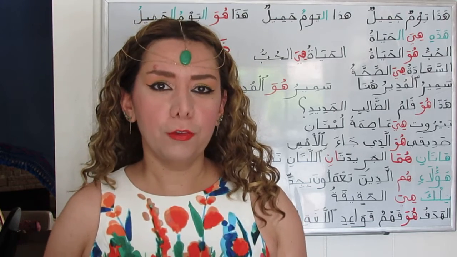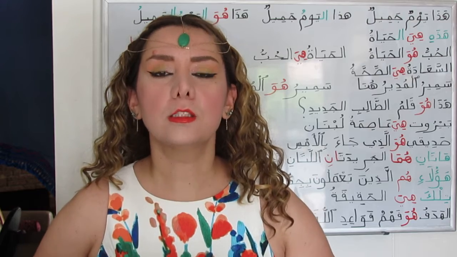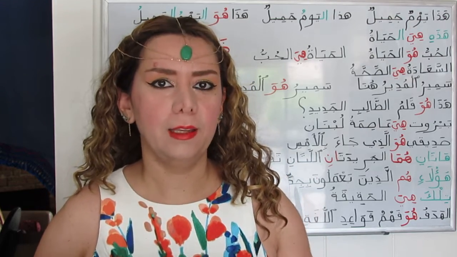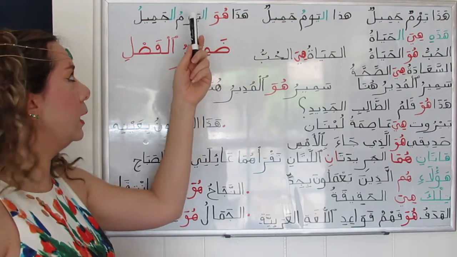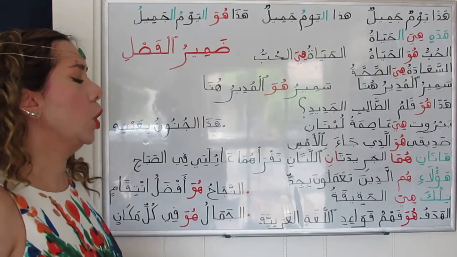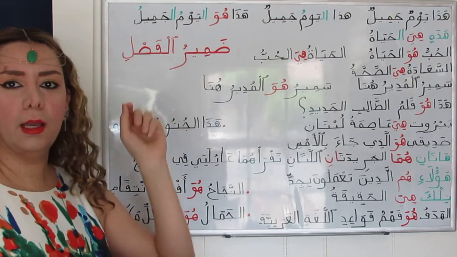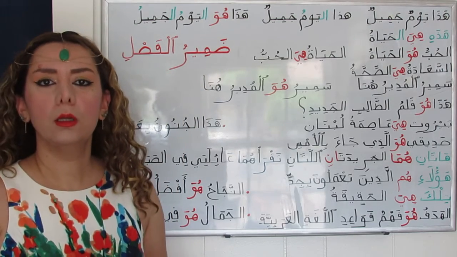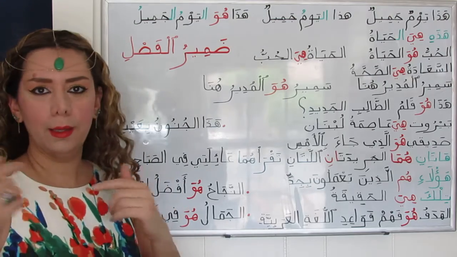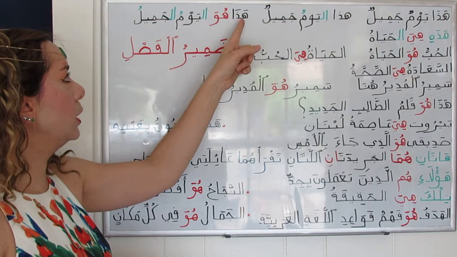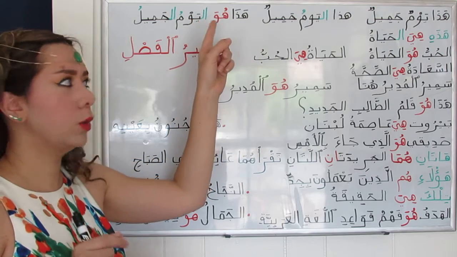So what if you would like to say this is the nice day? هذا هو اليوم الجميل. What we have done here, we have added a personal pronoun هو, referring to he, between the demonstrative and the following definite noun.